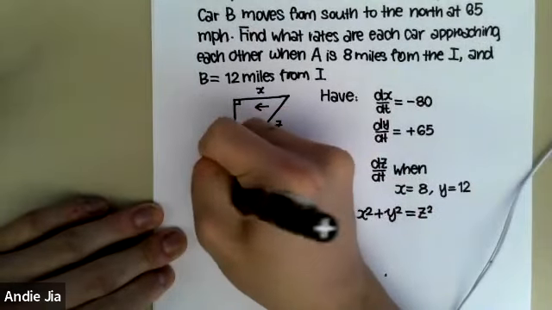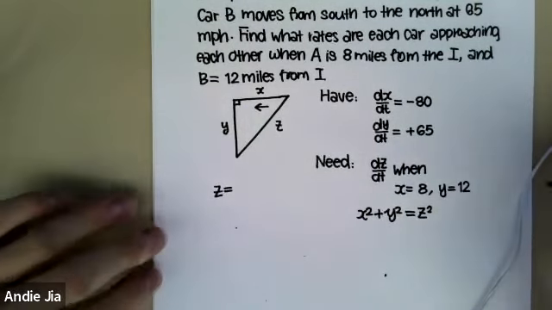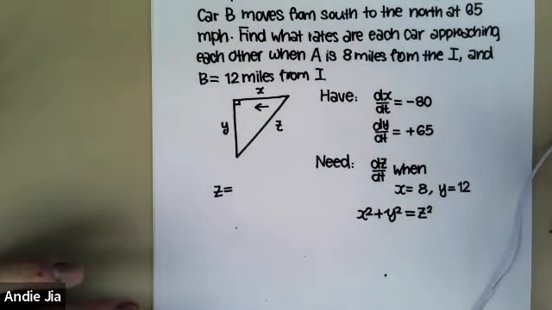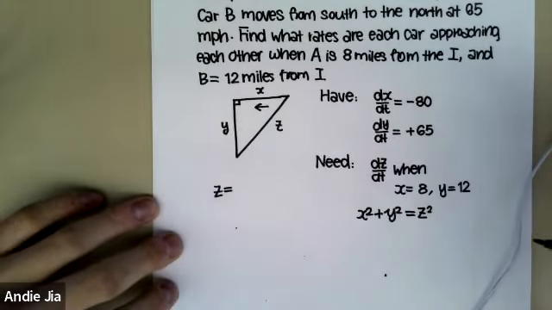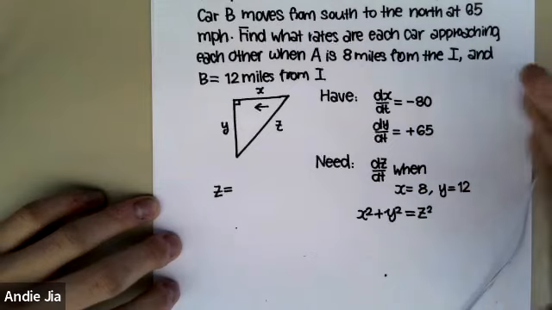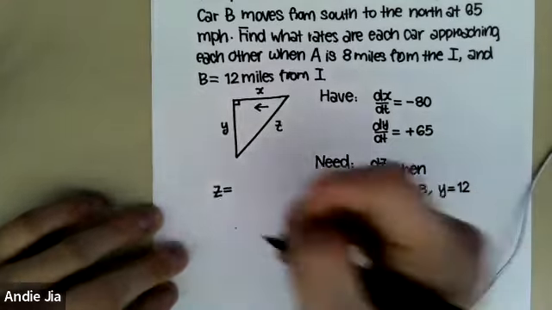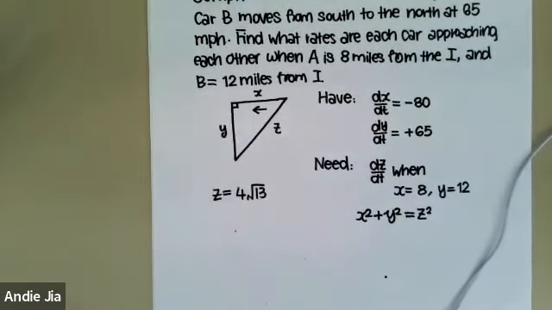So z is the square root of 144 plus 64, the square root of 208. 208 divided by 4 is 52, divided by 4 is 13, so it's 4 square root of 13.